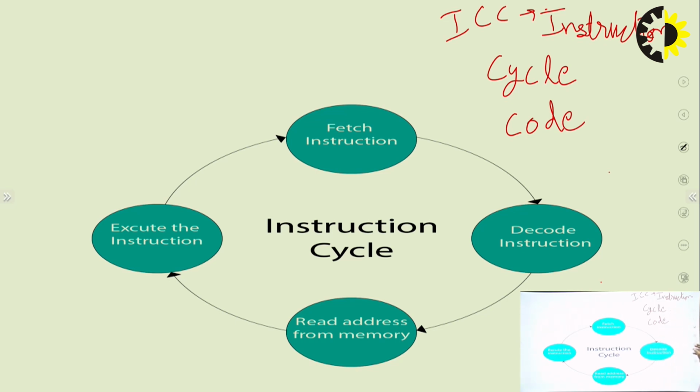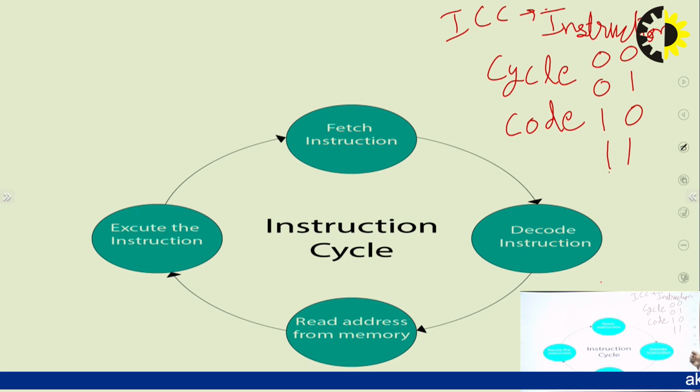Through this code we know about the state or phase of our instruction. The codes are 00, 01, 10 and 11. So 00 represents the fetch cycle, 11 represents the execute cycle, and the decode and read cycles are denoted by 01 and 10.